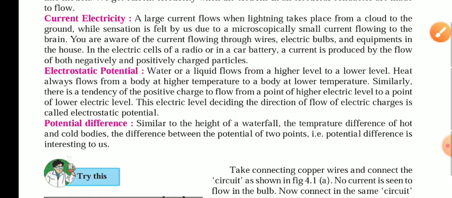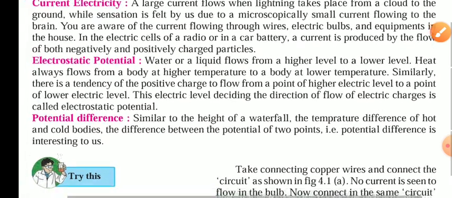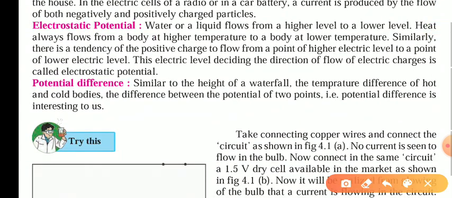Now the next term we have to discuss is electrostatic potential. Before that, we should recall some things in our surroundings.